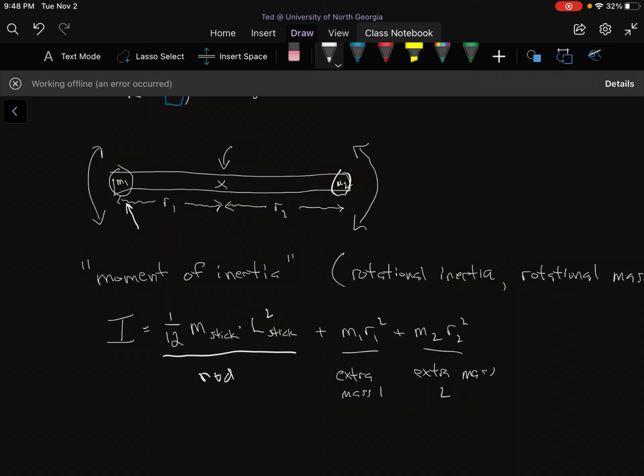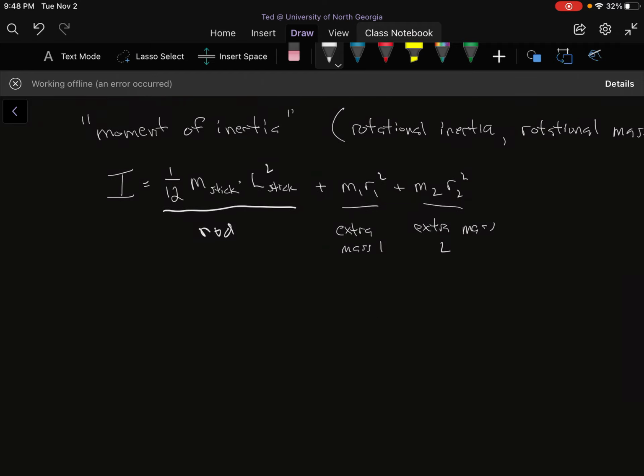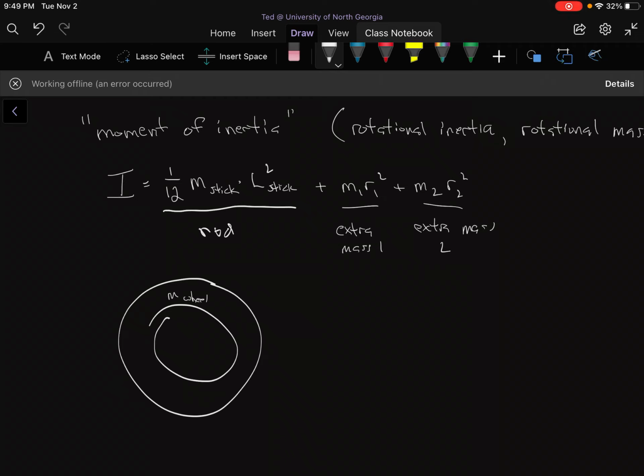So to find the total moment of inertia of an object, we can break it up into several different pieces. Another example would be if we had a wheel with a mass of the wheel and an inner radius and an outer radius, but we also had a rock that was stuck to the edge of the wheel, and we wanted to find the total moment of inertia.